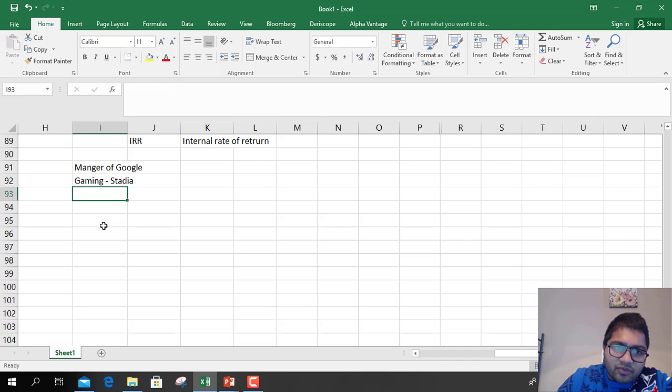It's a Google platform for gaming. So the cost of going full-fledged into gaming like Microsoft and Sony do with Xbox and PlayStation, if Google wants to achieve that kind of platform and that kind of efficiency, it would have to spend $100 million.